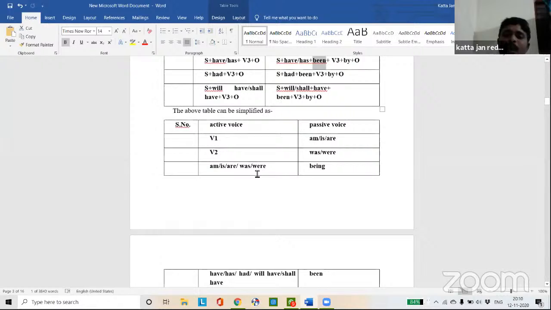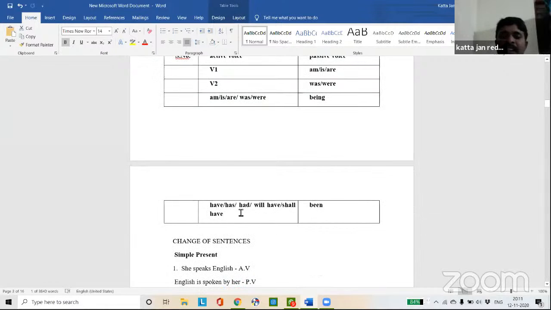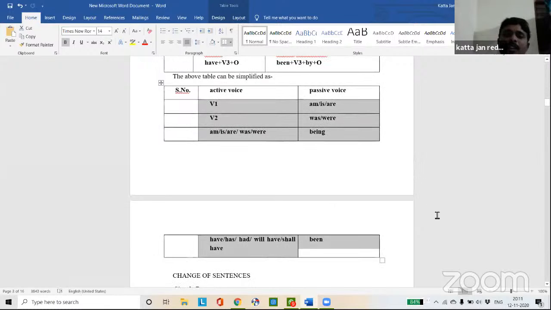When am, is, are, was, were are given in active voice, "being" is used in passive voice, including this being. When have, has, had, will have, shall have, again "been". It is enough to remember these four columns.